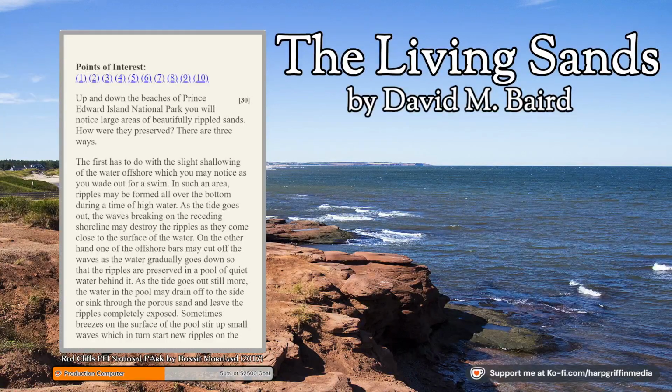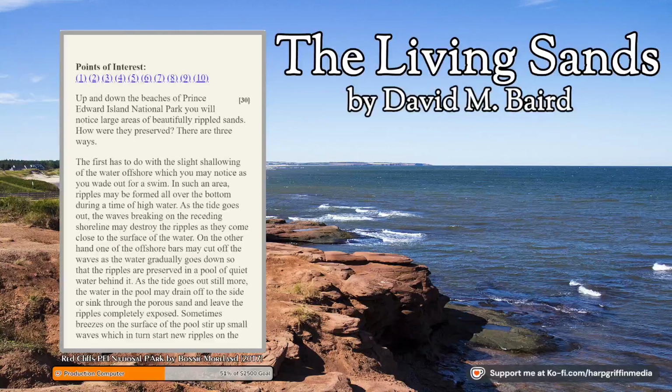On the other hand, one of the offshore bars may cut off the waves as the water gradually goes down, so that the ripples are preserved in a pool of quiet water behind it. As the tide goes out still more, the water in the pool may drain off to the side, or sink through the porous sand and leave the ripples completely exposed.